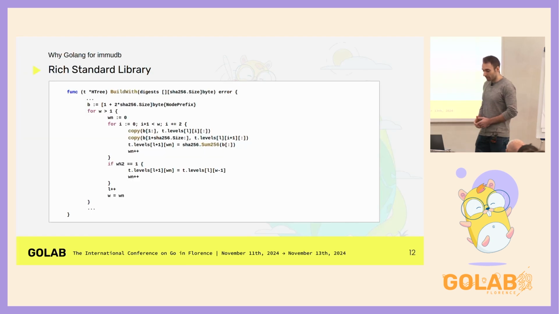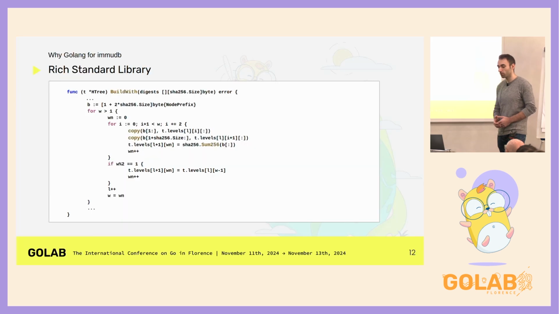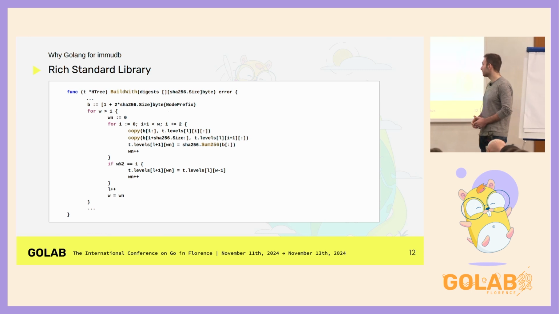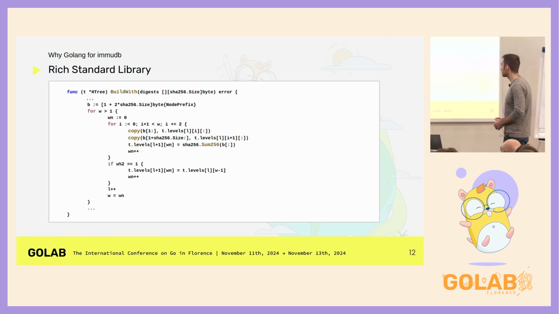Regarding the first point, the rich support for cryptographic primitives, I believe that showing the snippet really talks on its own. This is our implementation of the in-memory Merkle tree, the one that we compute on top of a transaction and that then gets pushed to the disk later.